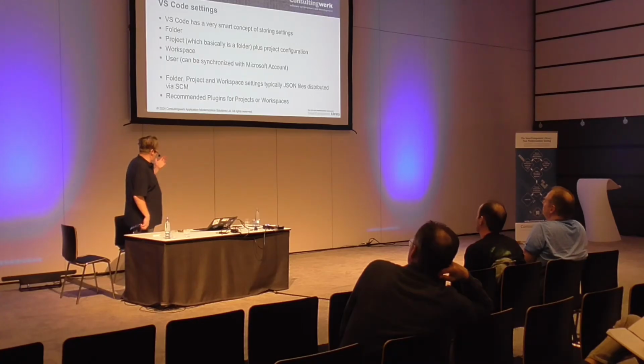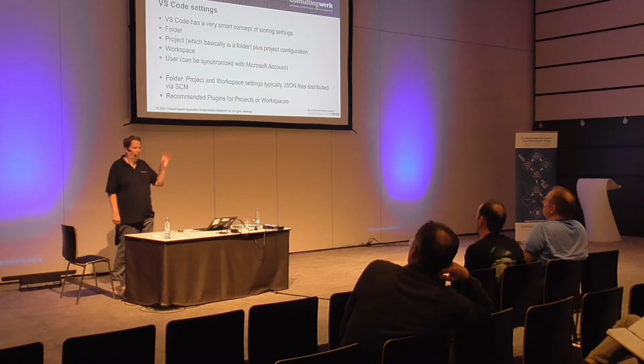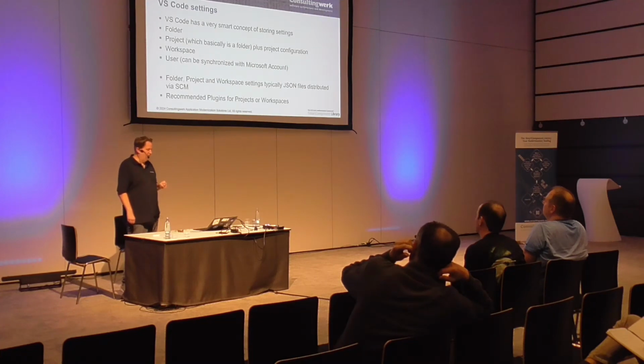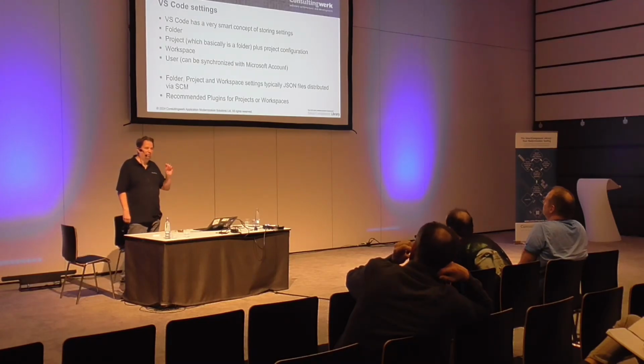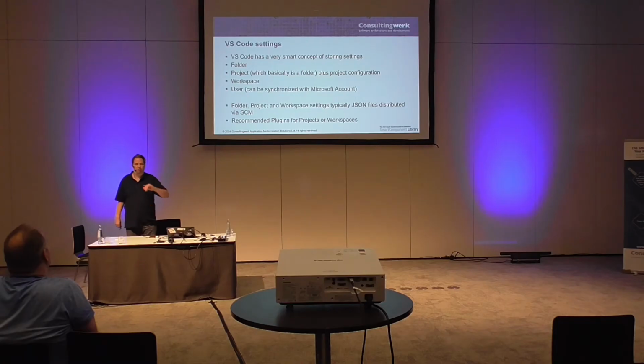The workspace is a single file that basically points to projects, but can also contain settings. And the workspace is a file that you can also distribute to colleagues through Git or Perforce or Subversion or whatever SCM tool you're using. So any configuration change that's relevant for the whole team is very easily distributed, much easier than in Eclipse.